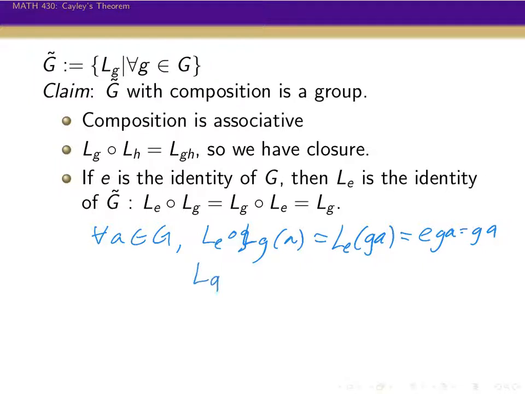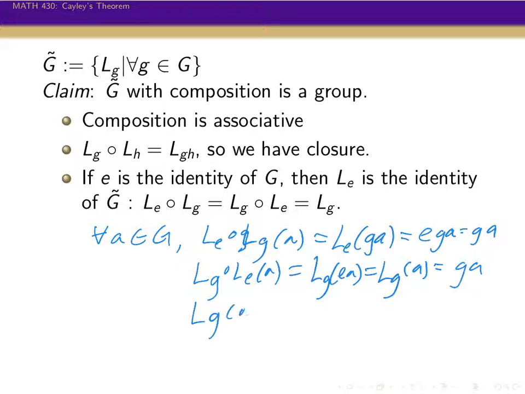Also, if we do L sub g of L sub e of a, this is going to be L sub g of e times a, but e is just the identity. So this is really L sub g of a, which gives us ga. And then lastly, L sub g of a is just going to be ga. And so you see all three of these maps return the exact same output for any a in G. So these are all three the same maps.